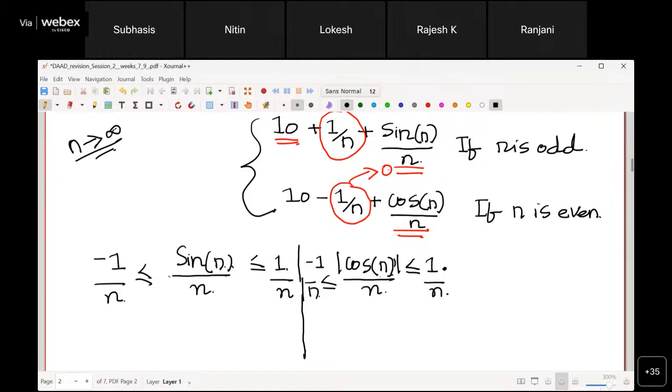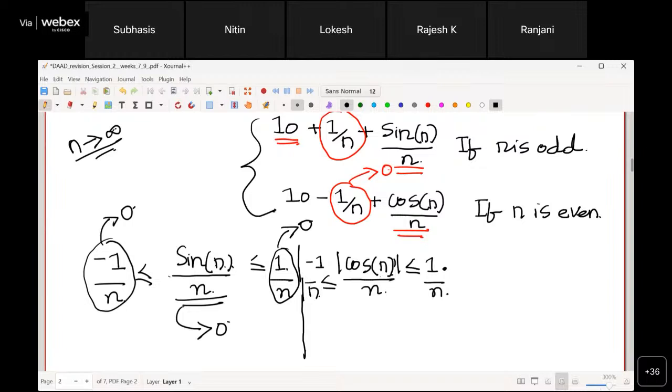So when n is going towards infinity, this will go towards 0, correct? And this thing also will go towards 0, right? That means this middle term also will go towards 0. So the limit of sin n by n is precisely 0.